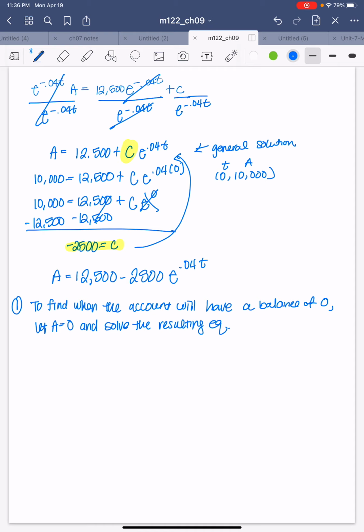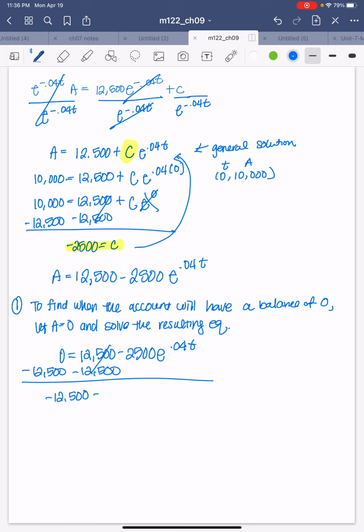So let's plug it in. 0 is equal to 12,500 minus 2,500 e raised to 0.04t. Subtract 12,500 from both sides. Negative 12,500 is equal to negative 2,500 e raised to 0.04t. Divide by negative 2,500 on both sides.